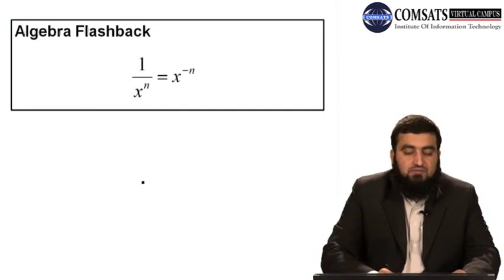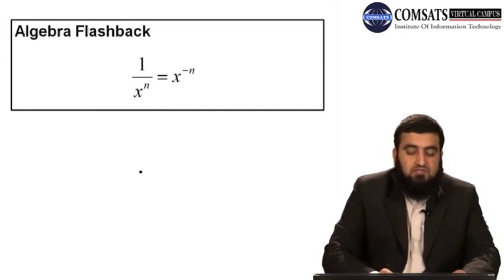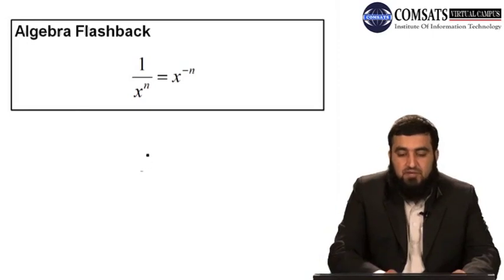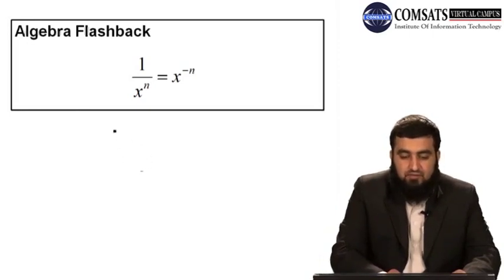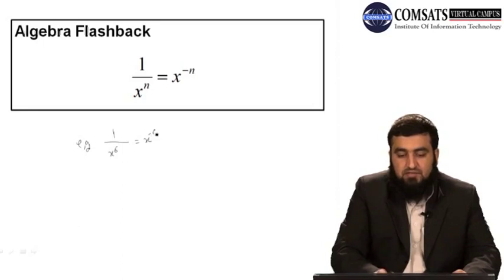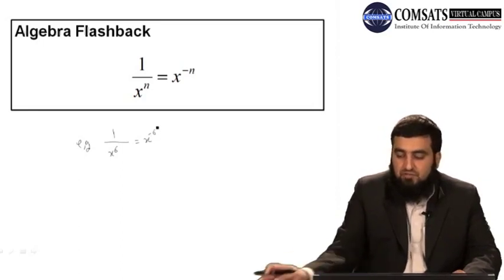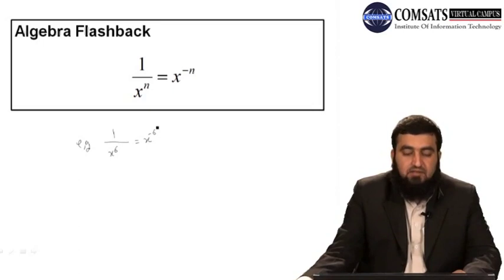So a little bit of algebra flashback. Let's recall that 1 by x to the power n is equal to x to the power minus n. For example, if you have 1 by x to the power 6, then we wrote it as x to the power minus 6. We need this algebra flashback in the coming rules.